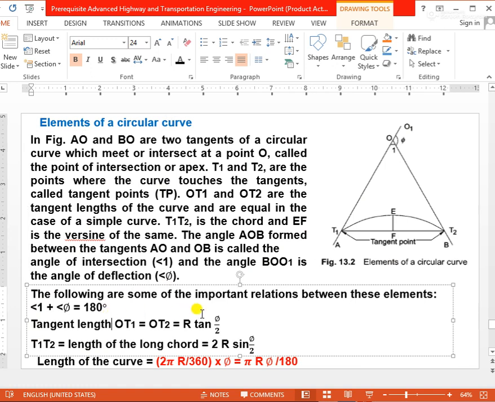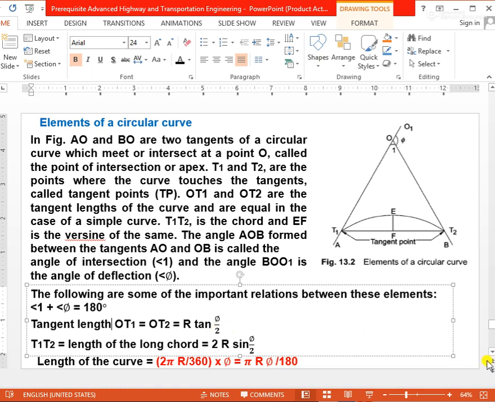The following are the important relationships between these elements. Angle 1 plus angle phi equals 180 degrees, and the tangent length OT1 equals OT2, which is R tan phi by 2.